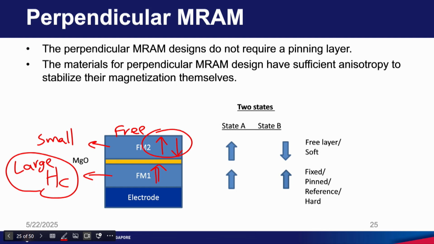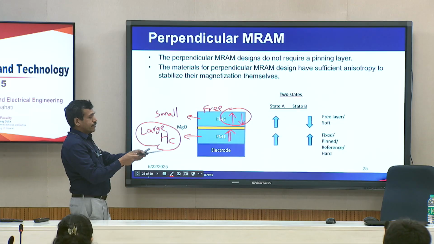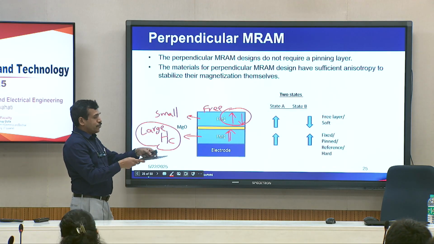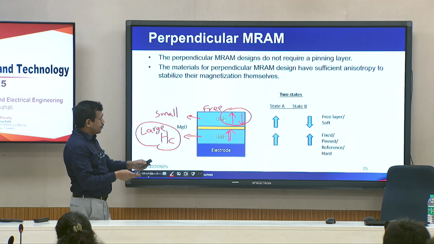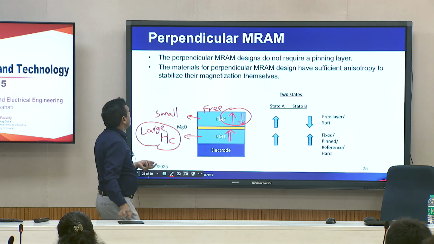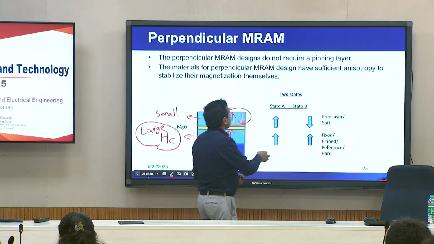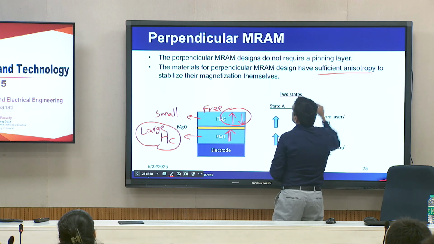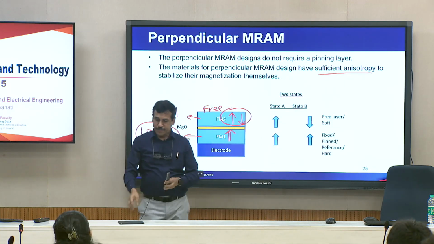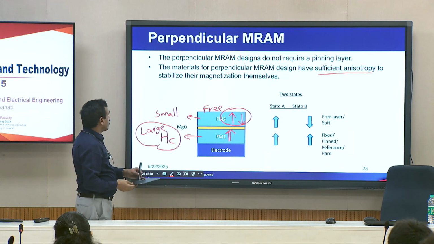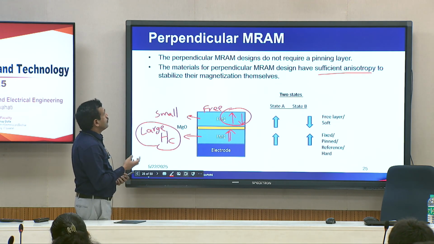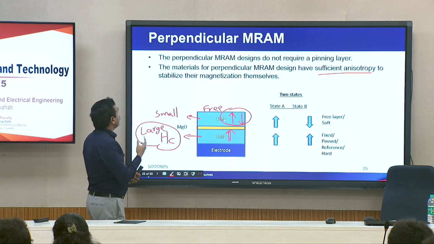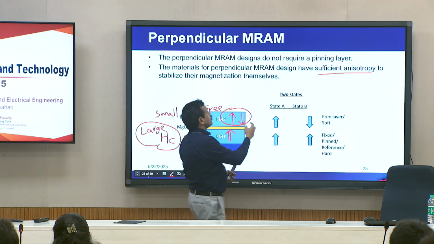Okay, so in this case, if you make a thin film, in the absence of anisotropy, magnetization will lie in plane. But if you have certain material with sufficient anisotropy, then you can point the magnetization to be out of plane. So usually the perpendicular MRAM uses materials with a larger anisotropy.